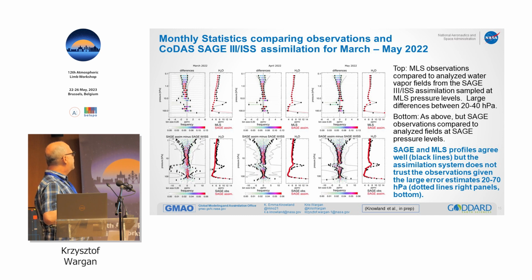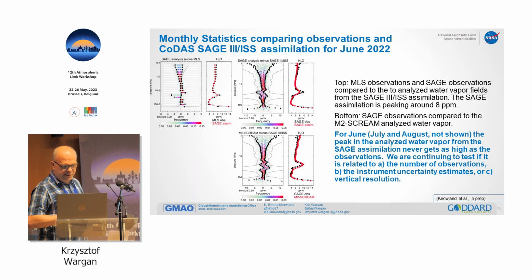Those are comparisons of SAGE observations with assimilated SAGE. It's kind of a similar situation here. In June, comparison between SAGE observations and SAGE assimilation shows that this kink here is quite developed, but it's not quite there. So the question, why it's not there and can we do better?